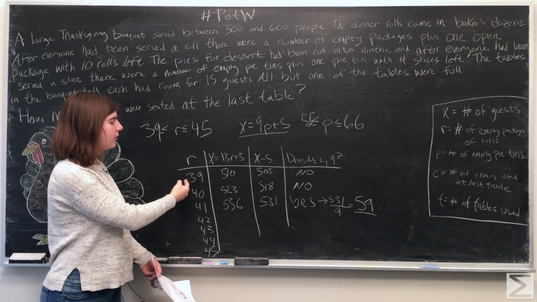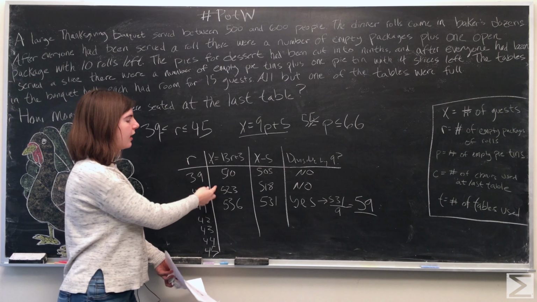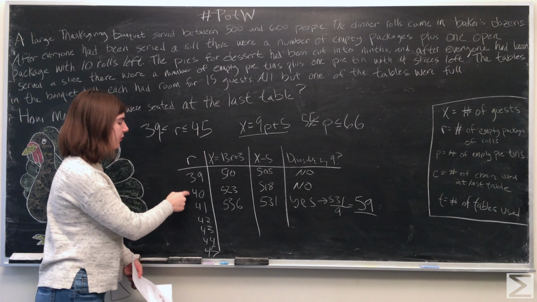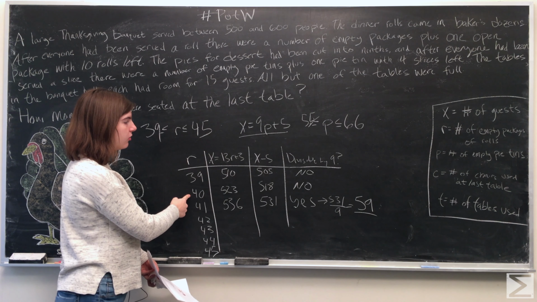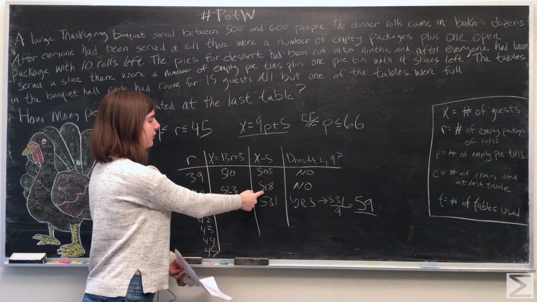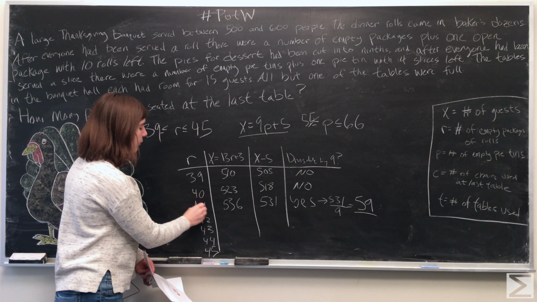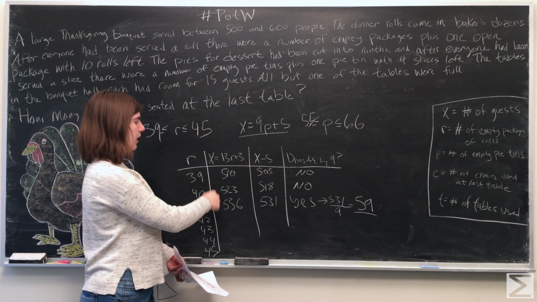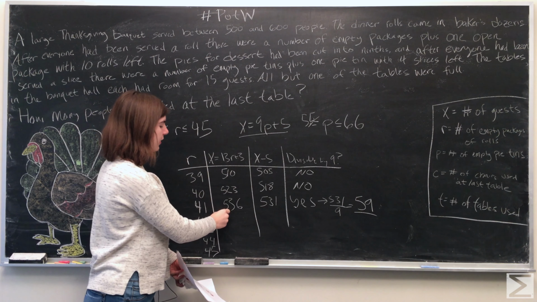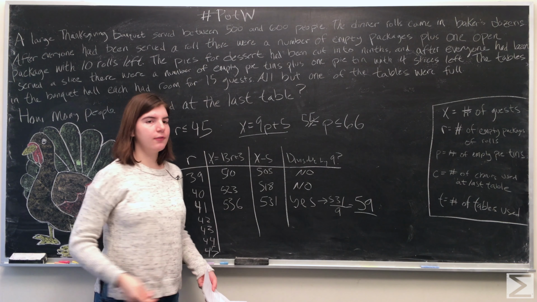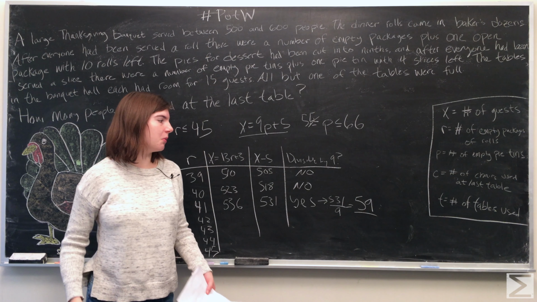So for the first value, 39, x is 510, x minus 5 is 505, and that's not divisible by 9. Same thing for 40, when you solve for x minus 5, it's not divisible by 9. And then we get to r is 41, so x is 536, x minus 5 is 531, and this is divisible by 9.